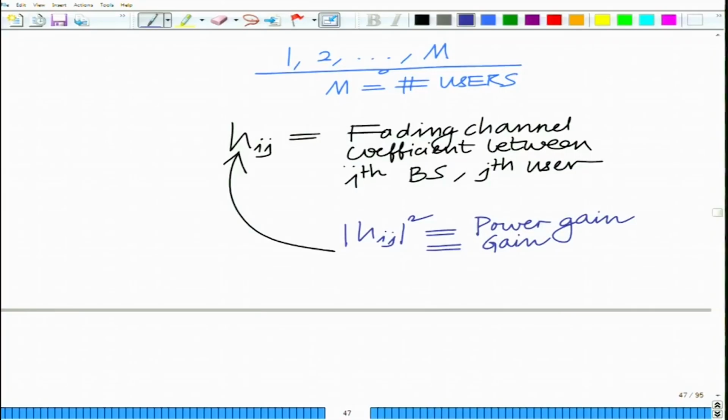which means if |h_ij| squared is strong, then the received signal at user j corresponding to the signal transmitted by base station i is going to be strong. But if this channel is in a deep fade, which means there is a lot of interference in the channel, and as a result |h_ij| squared is very low, then the power received by user j corresponding to the signal transmitted by base station i is going to be very low, and that can be attributed to the fading.